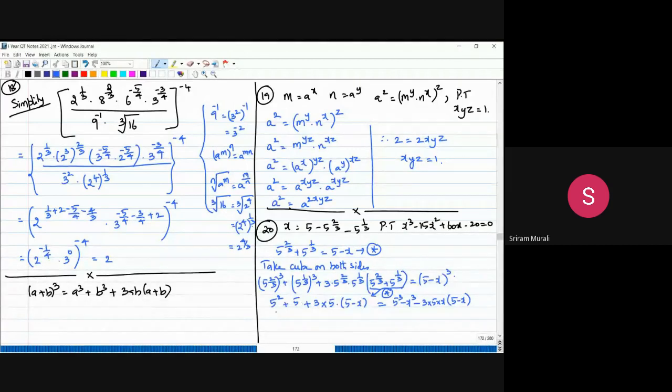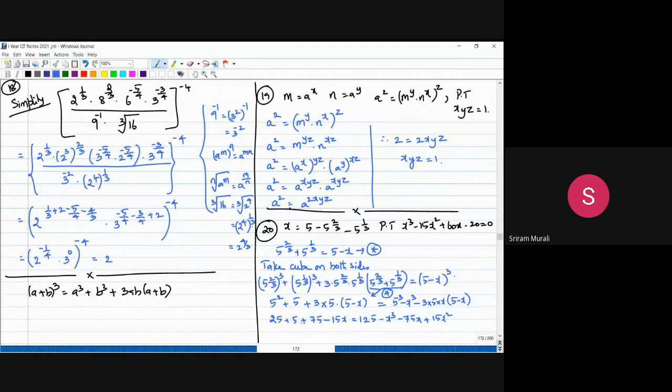It is 125 plus 5 plus 15 into 5. 15 into 5, plus 75 minus 15x is equal to 125 minus x cube minus 15 into 5, 75x, minus into minus becomes plus 15x square.